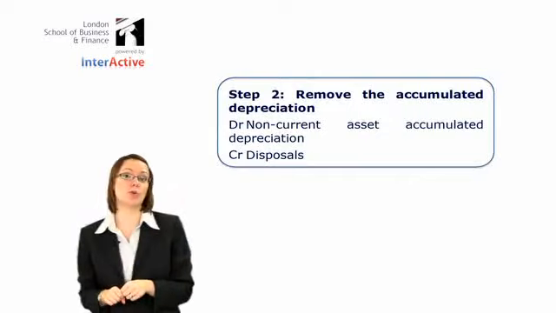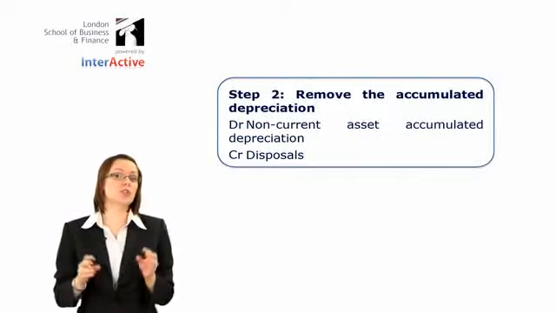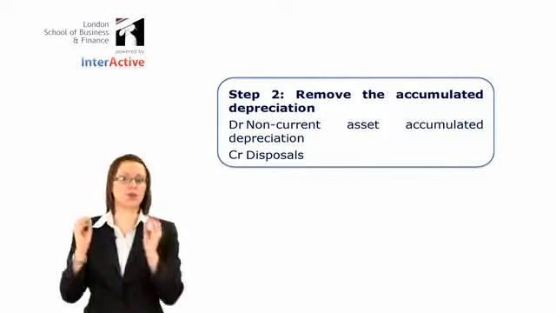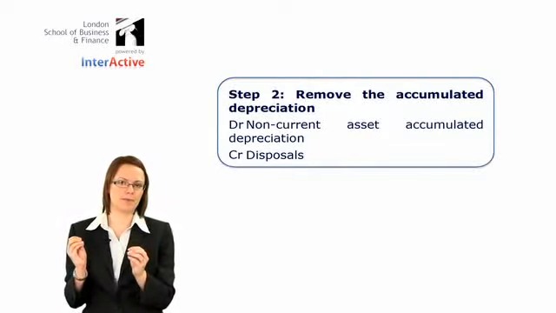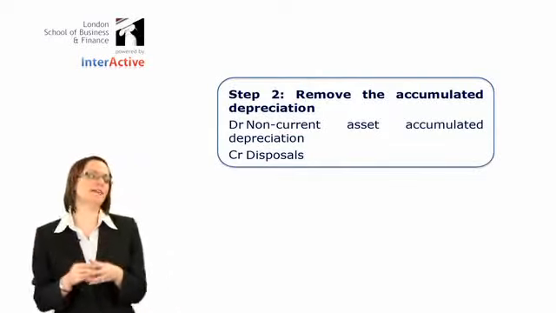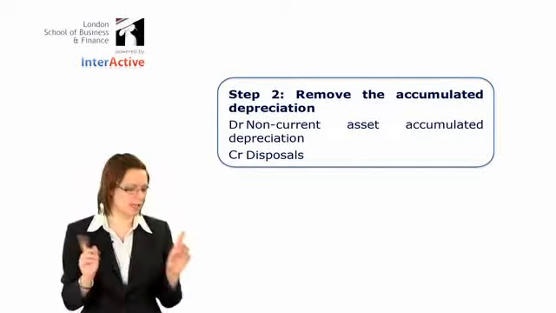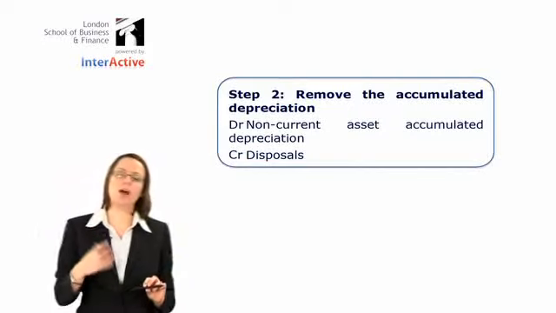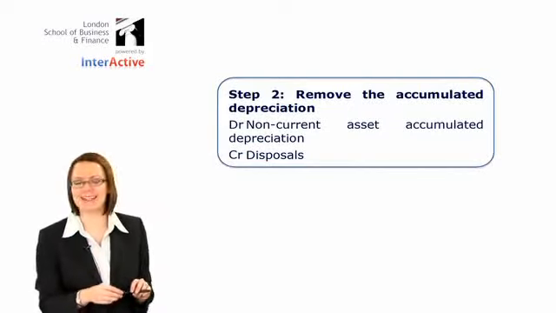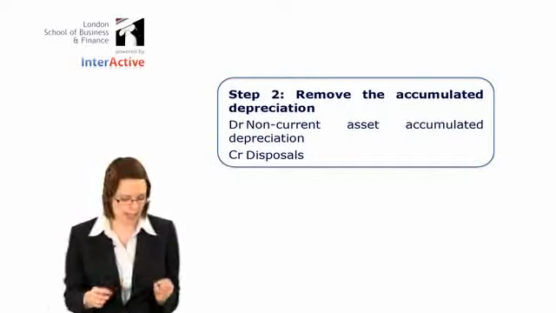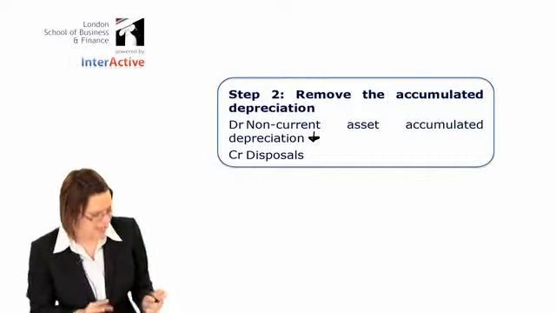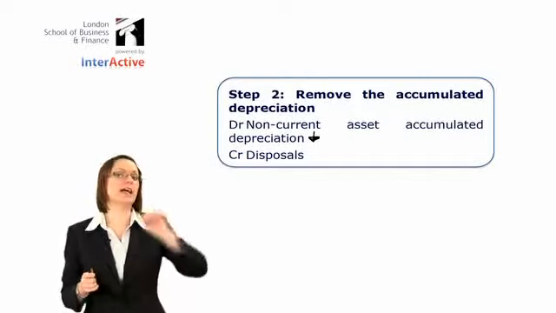So therefore, it would always be a credit balance. So, to eliminate that credit balance, I need to do the opposite. I need to debit it out to clear it. So, I'm going to debit the non-current asset accumulated depreciation account to reduce that down, clear it out.